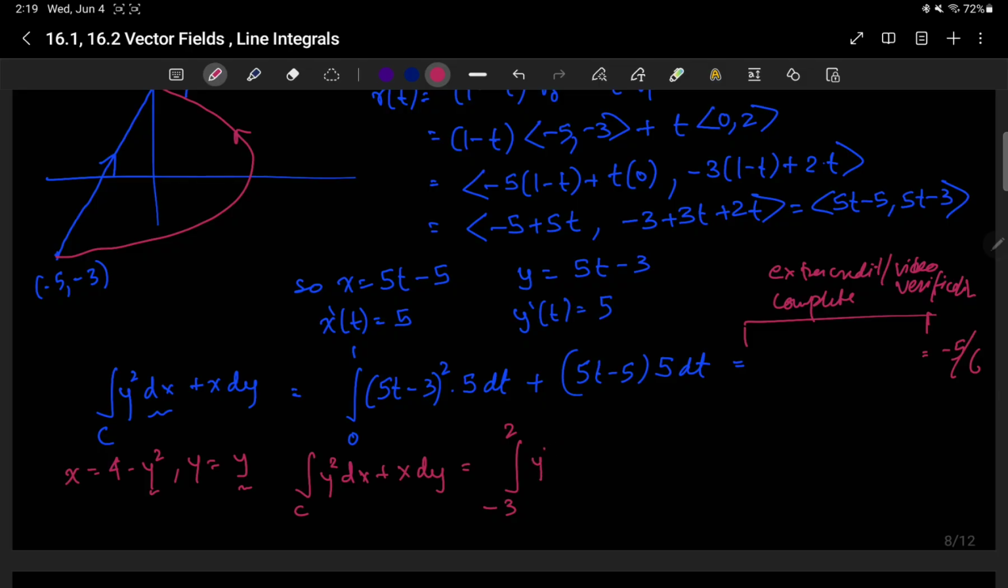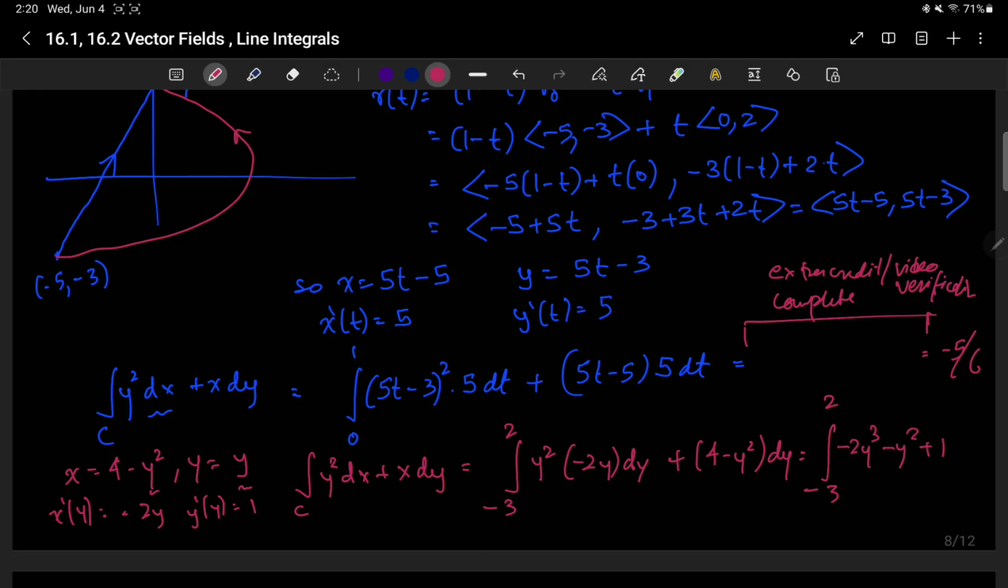And we have y squared times 2y dy, because x prime of y is negative 2y and y prime of y is 1, plus 4 minus y squared dy, which becomes the integral from negative 3 to 2 of negative 2y cubed minus y squared plus 4 dy. And this, again, you can evaluate, and the question is, is it the same as above?